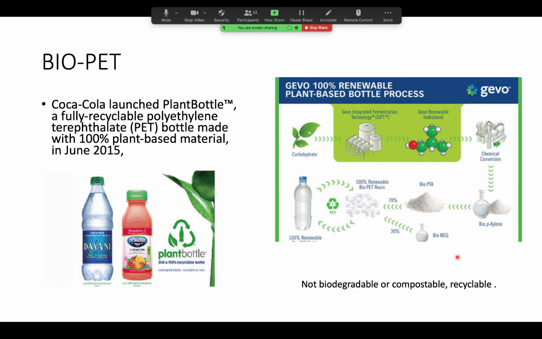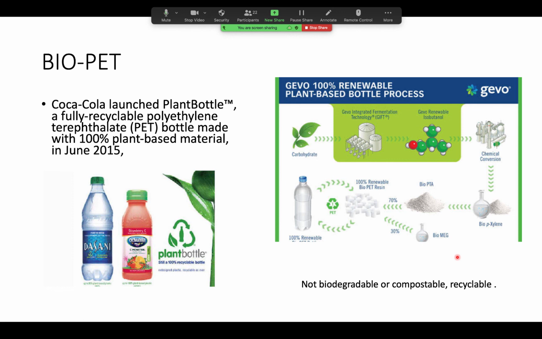Coca-Cola, together with Ford Motor Company, Heinz, and Procter & Gamble, announced the formation of the Plant PET Technology Collaborative in 2012. And they were working together to develop 100% plant-based PET materials. They have some that are already used, you see here, the Dasani or the Odwalla, and they have some ketchup bottles that are made out of this.